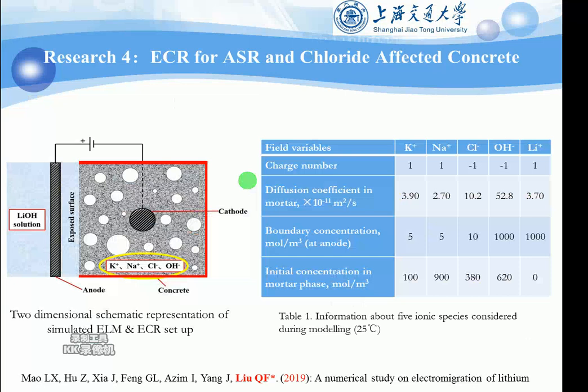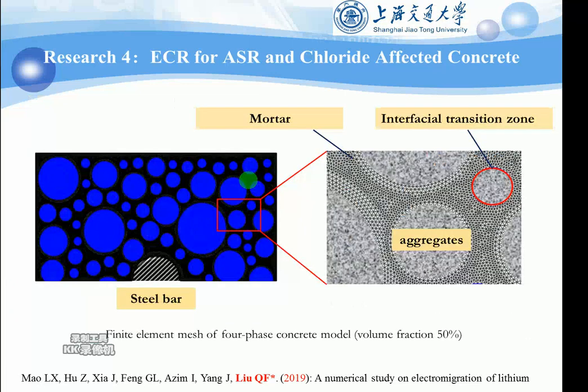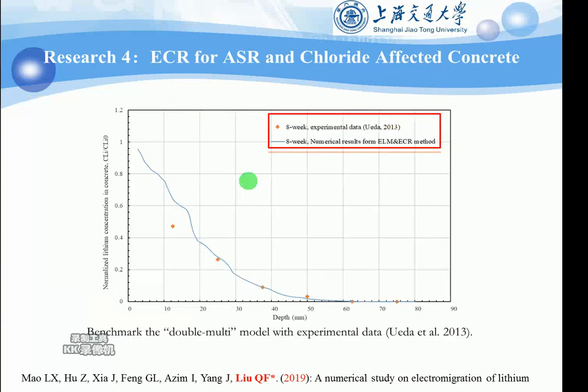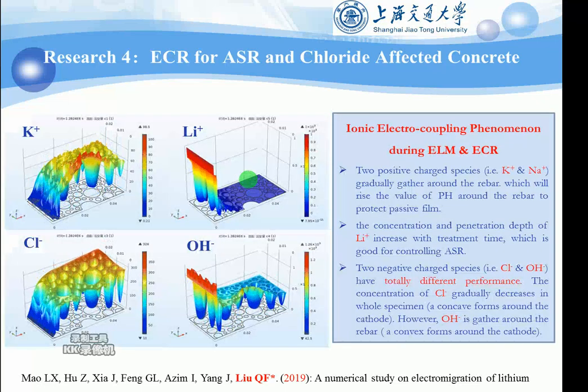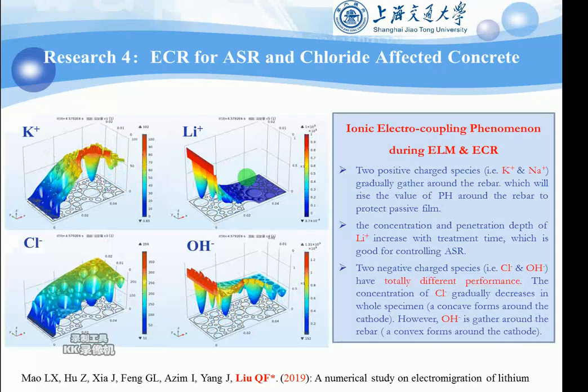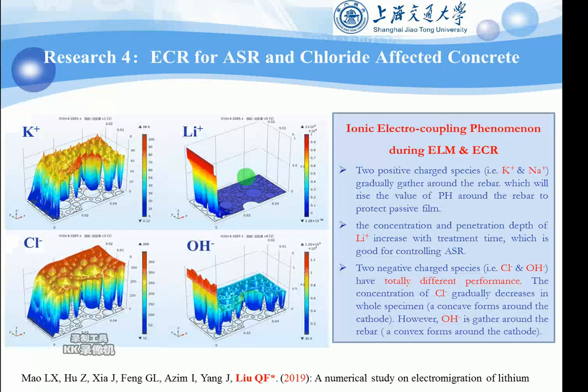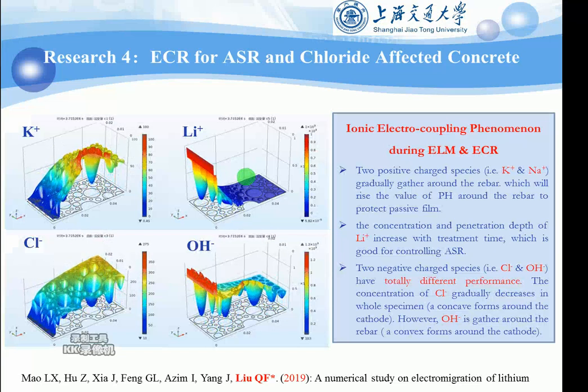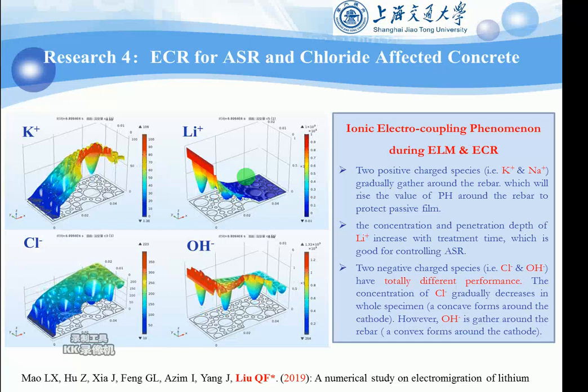So here are the boundary and the parameter settings for the simulated ECR treatment. After measuring and benchmarking with the work in 2013, we obtained the concentration distribution for all species at any time, at any location.